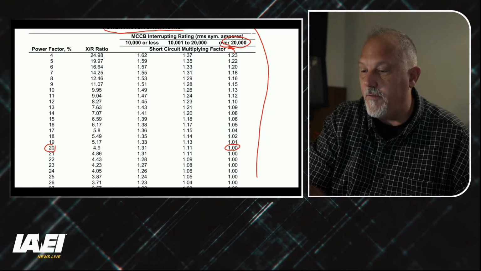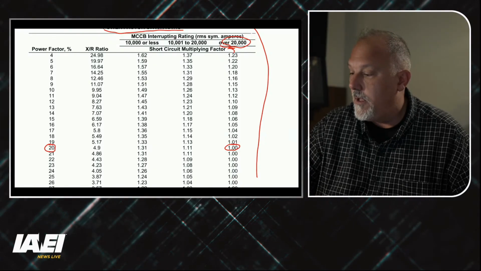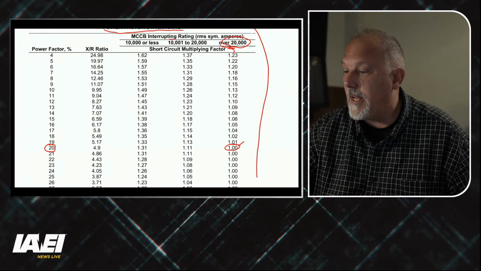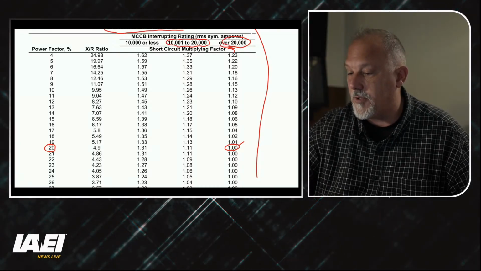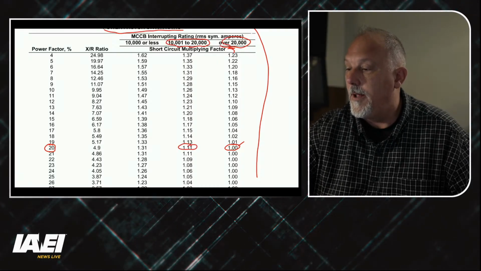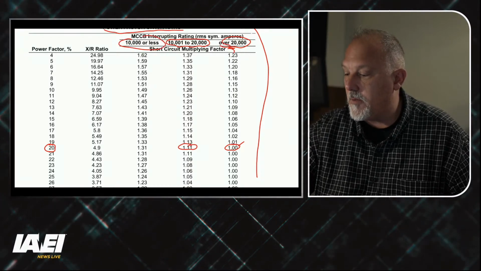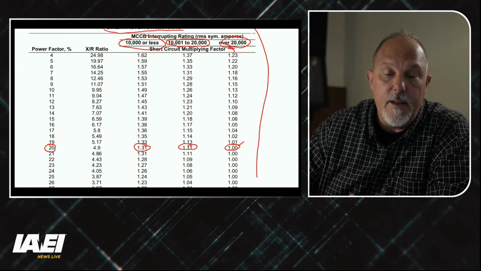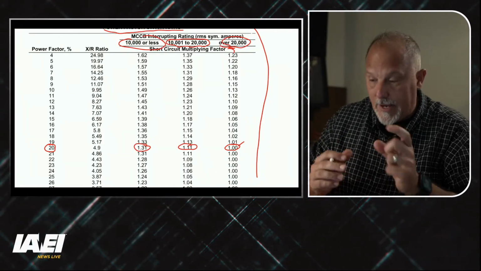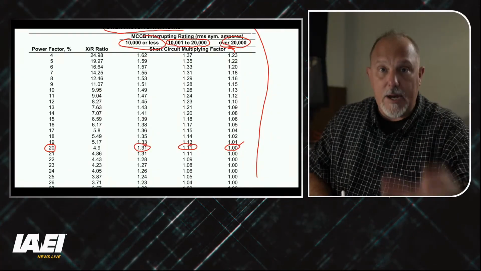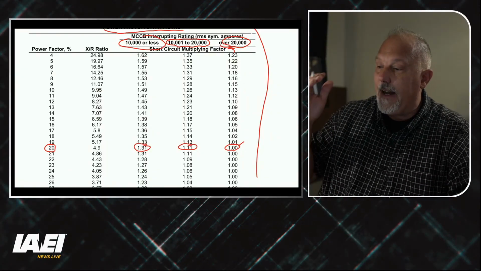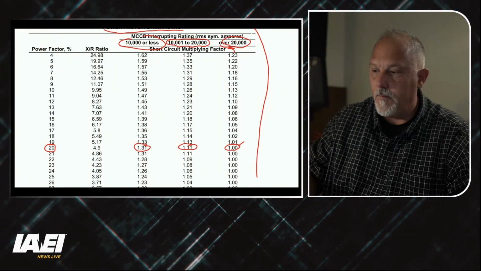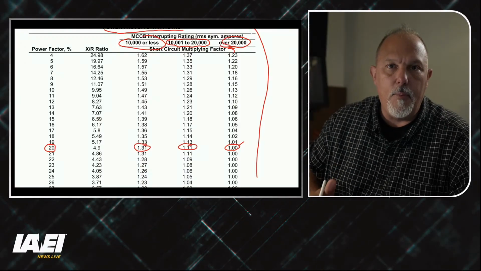For a power factor of 20%, my multiplier is unity for over 20,000 amps. For 10,000 to 20,000 amps, my multiplier is 1.11. For 10,000 amps and less, my multiplier is 1.31. What does that mean? When I say a 20% power factor, if I had 10,000 amps of a fault current value, I have to multiply that by 1.31.